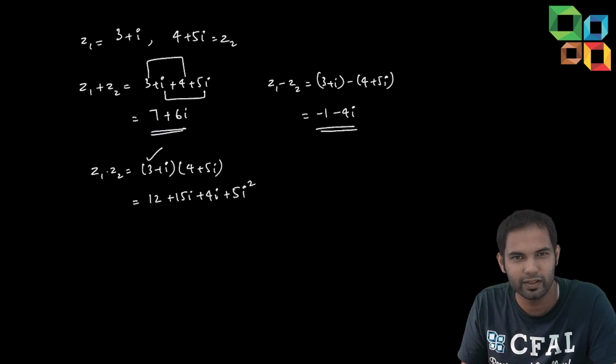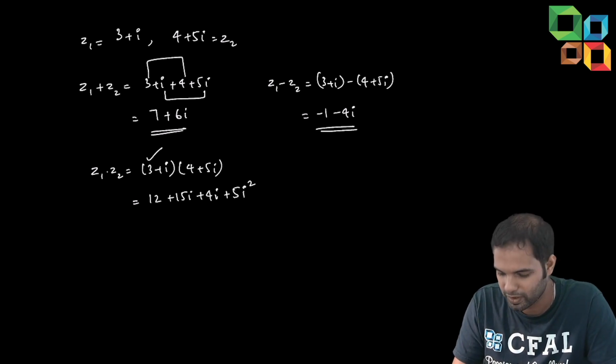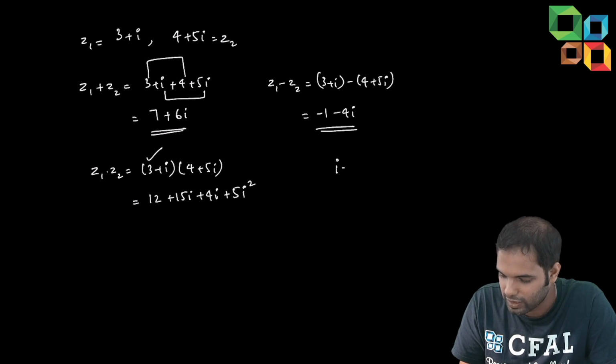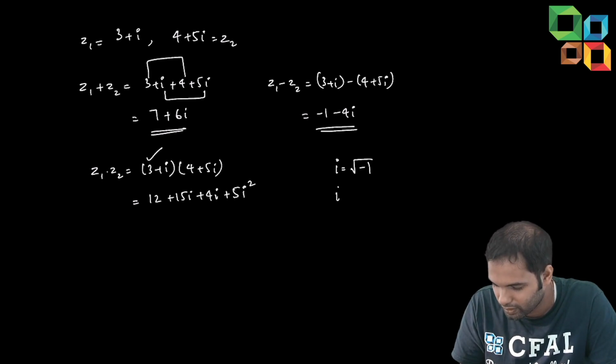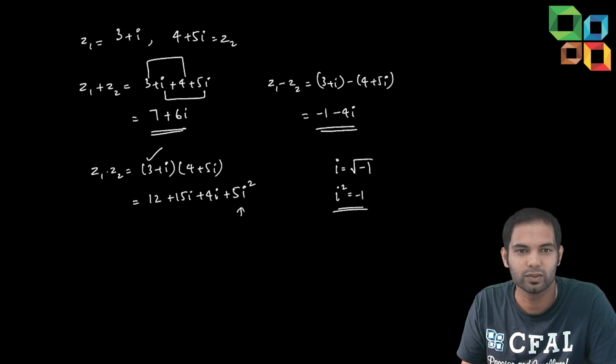I think till now you didn't have any problem because you had i and a real number. You could combine them somehow. But there's i square. Now, by definition, we know i is nothing but root minus 1, your imaginary unit, where we started off with complex numbers. So i square is nothing but minus 1. I can simply substitute it as minus 1.